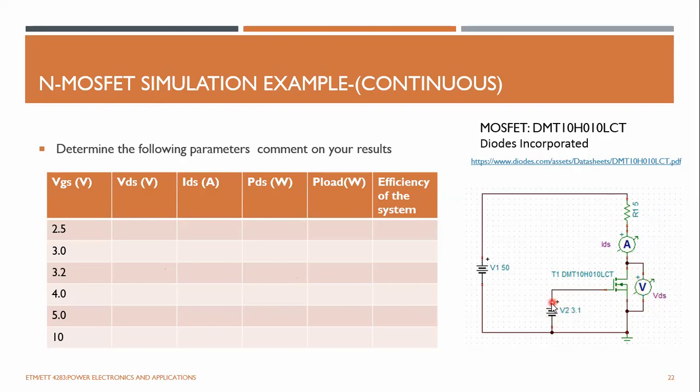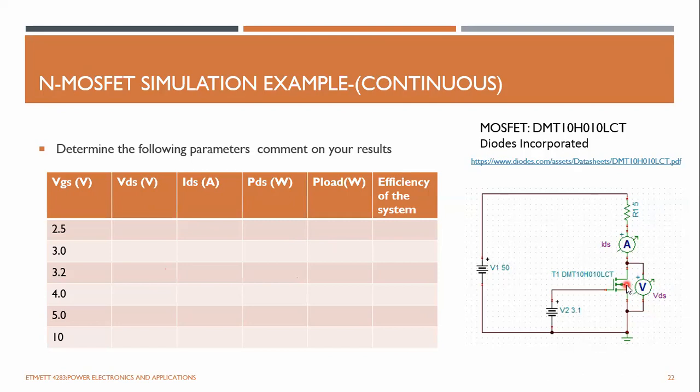This is our gate drive voltage, and this is our power voltage that applies to the load. All you need to do is change this DC voltage across this MOSFET, starting from 2.5 to 10 volts, and simulate and observe this VDS voltage, IDS current, and the power dissipation across the MOSFET.